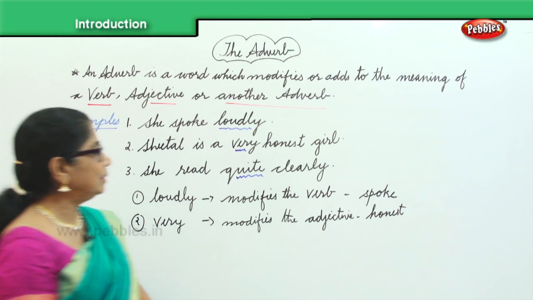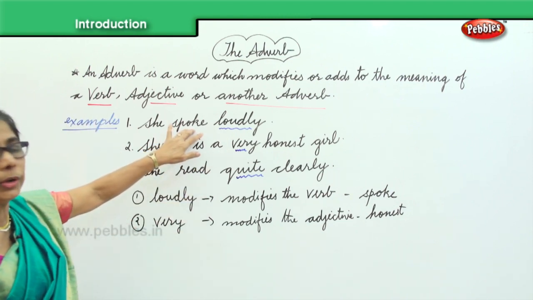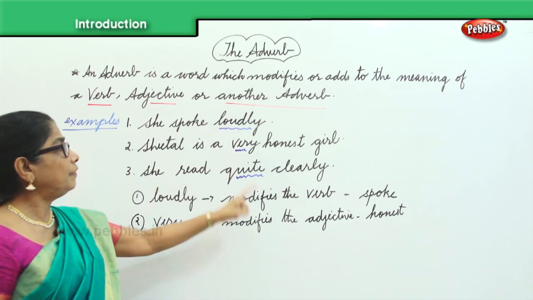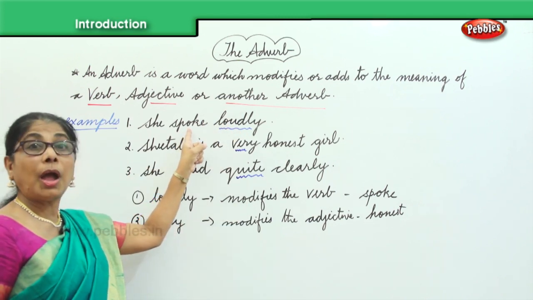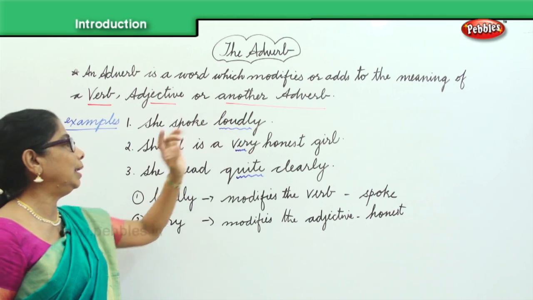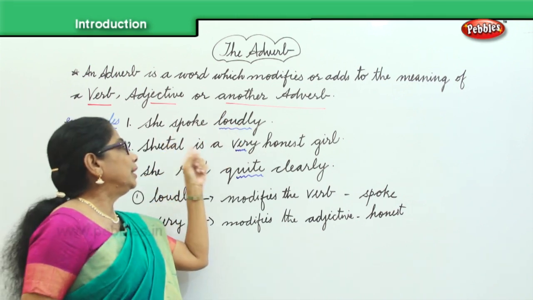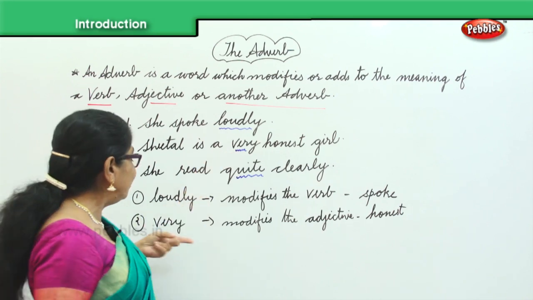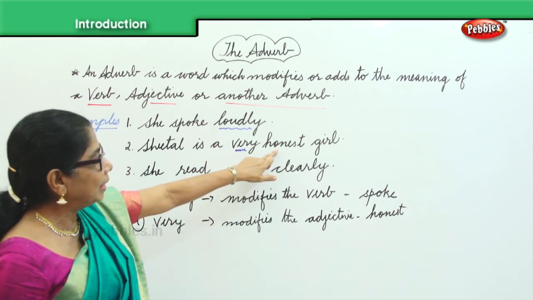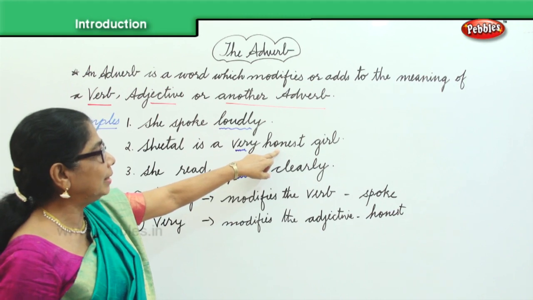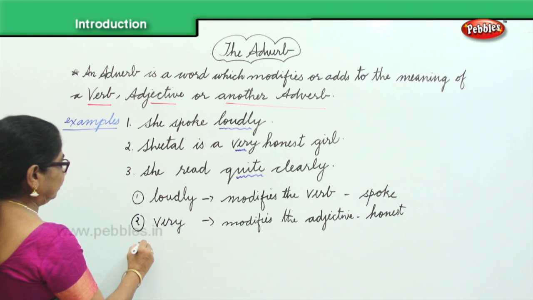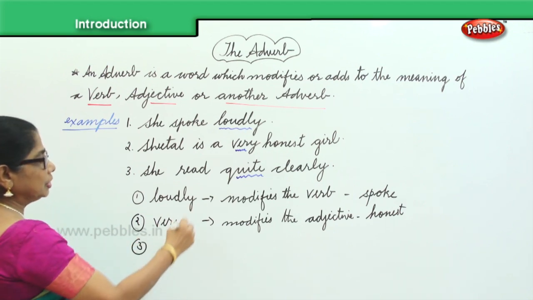In the first sentence, we have the verb spoke. So, the adverb modifies the verb spoke. How? Loudly. In the second, we have, Sheetal is a very honest girl. So, the adverb very modifies the adjective. What kind of girl? Honest girl. And in the third sentence, we have the adverb quite.